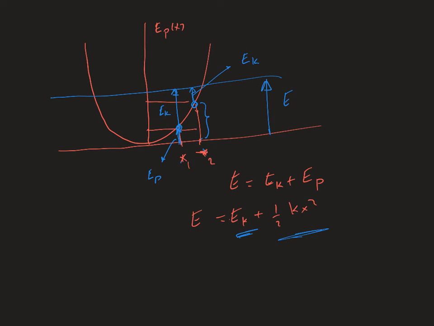So what I want to make you understand is that these points are points of return. Let's say that we call them minus a and plus a. You cannot go farther than minus a and plus a. The movement is in this region, between minus a and plus a. Why?